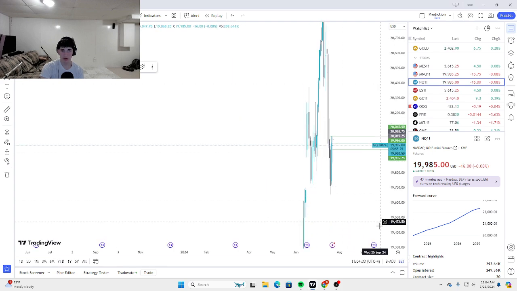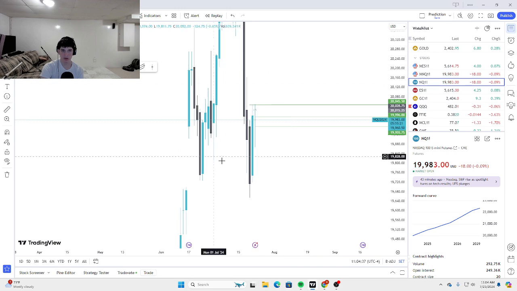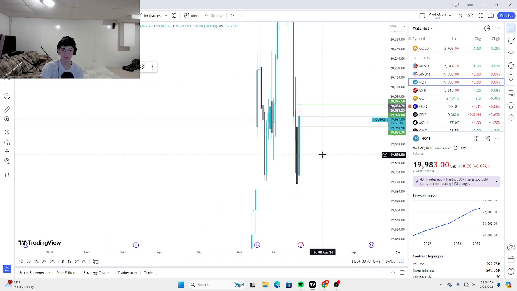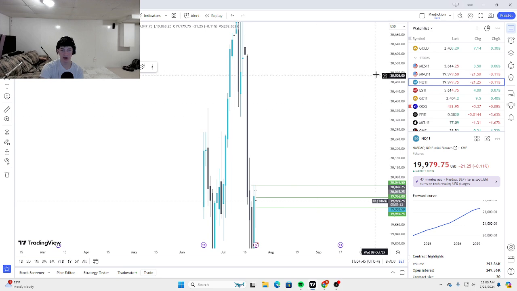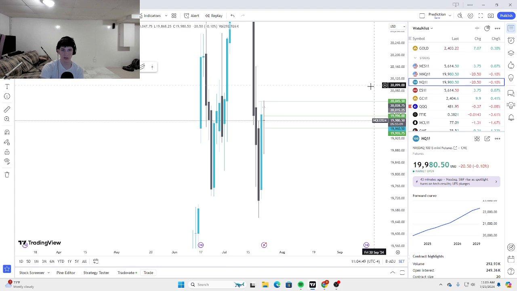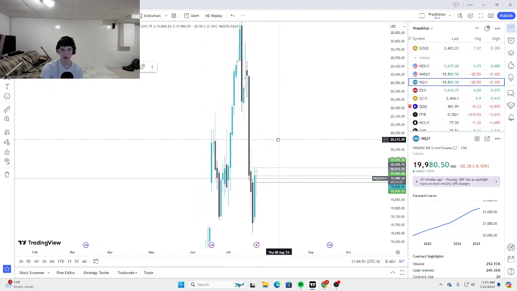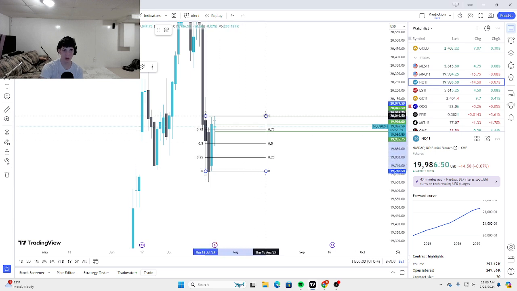Actually, wait, one more thing. The only thing that I'm scared about when having a bearish bias is we filled in this price gap, we swept all these daily lows, and we're headed towards equilibrium. So that's the only thing that I'm always keeping in the back of my head, because I think we're gonna start pushing up.